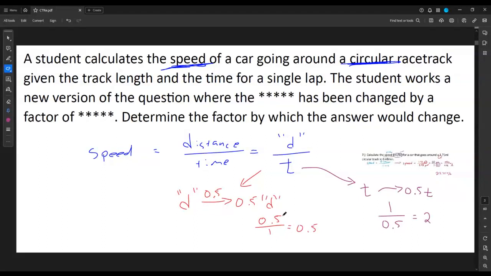But if the variable that you're talking about, if the time is changed by whatever factor, then the time may have exponents on it or could be under a square root, or in this case, could be on the bottom of a fraction. And then that means that it's going to change in still a predictable way, but not one that's quite as easy to see. You have to plug in and work some numbers and see what it looks like.